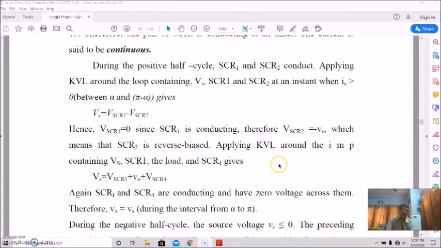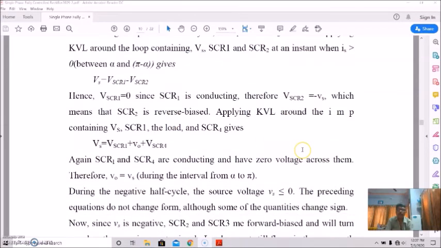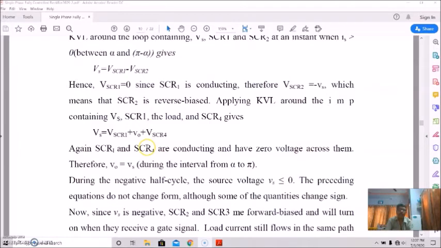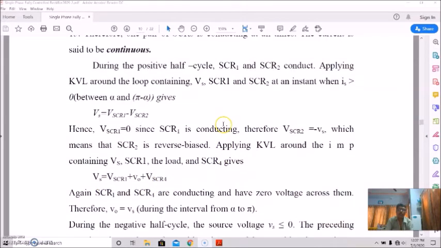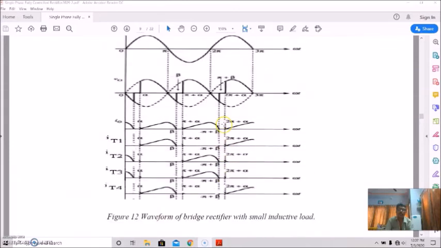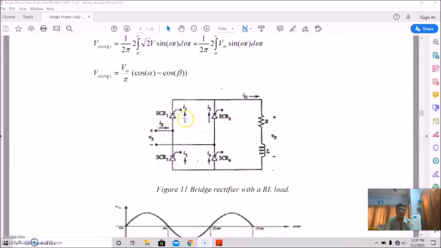So applying KVL around this loop, containing Vs, SCR1, the load and SCR4. So in this loop, this will be this drop plus this voltage plus this drop, equal to this supply voltage.